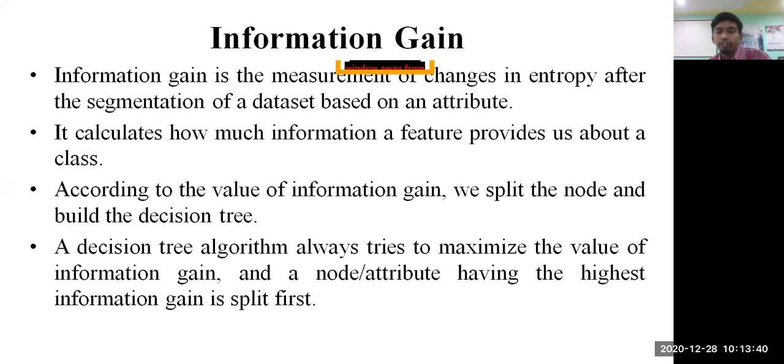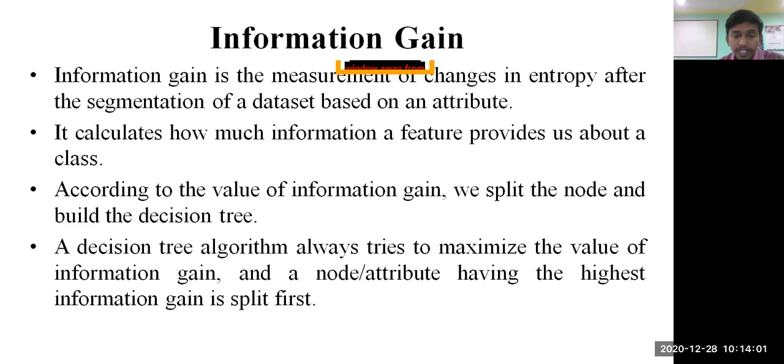So according to the value of information gain, we split the node and build the decision tree. For every attribute, we calculate the information gain value, and according to the information gain value obtained, we split the node and build a decision tree. So information gain is the major important concept in your decision tree.